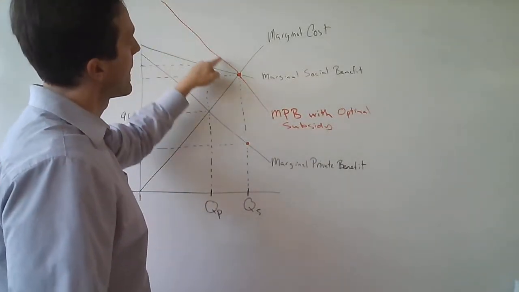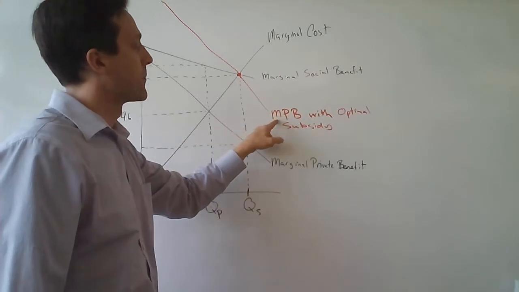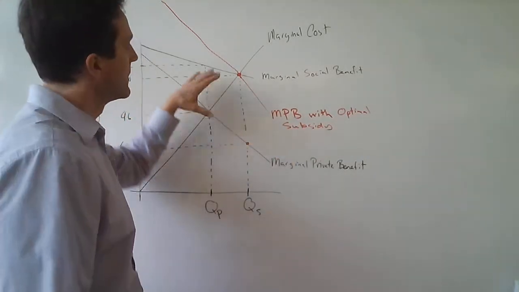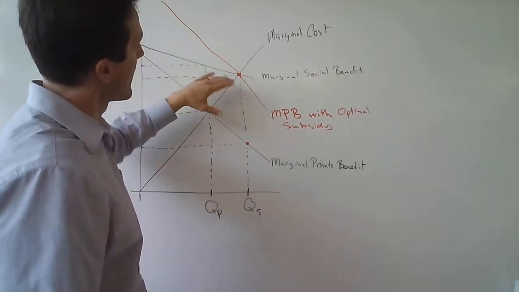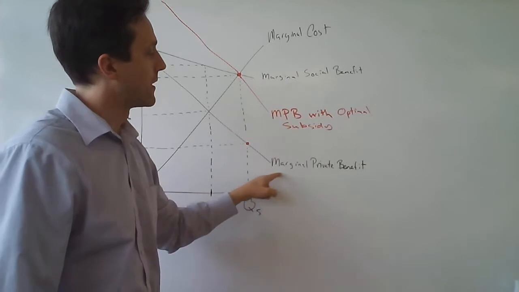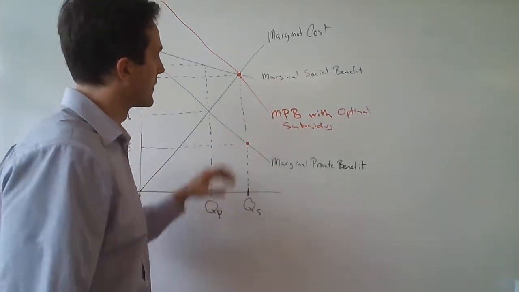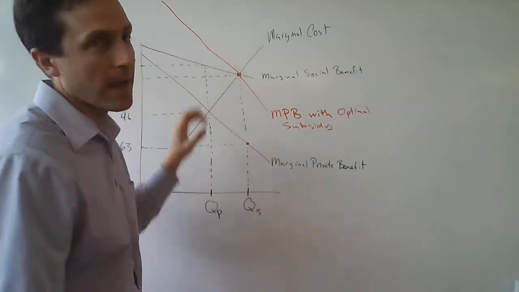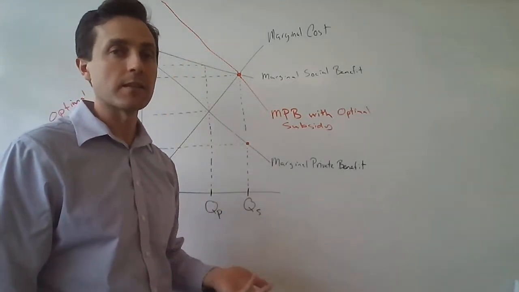And that's why this red line that I've drawn here is the marginal private benefit with the optimal subsidy. This red line should be parallel to this marginal private benefit line, so they should have the same slope. The distance is the same, and that distance is the size of the subsidy.